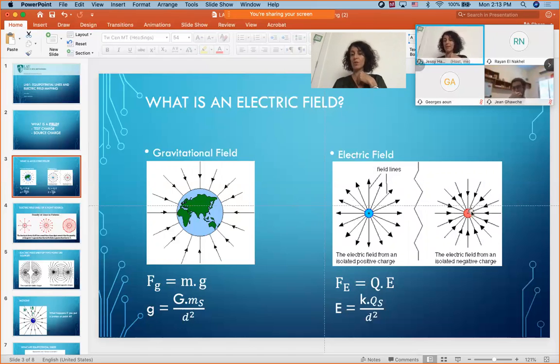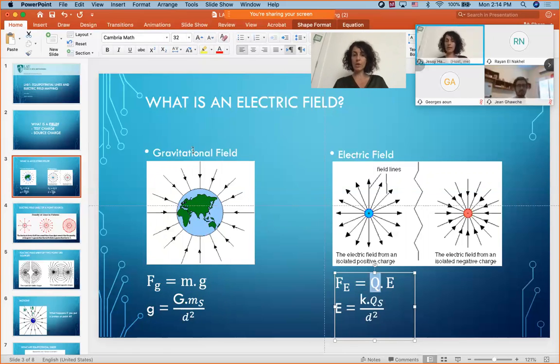In this case, the electric field is radial and pointing inward. You see that the electric force and the gravitational force are very similar. The gravitational field and the electric field are very similar. They are both inversely proportional to the distance squared, proportional to the source, and the force itself depends on the test mass or the test charge.